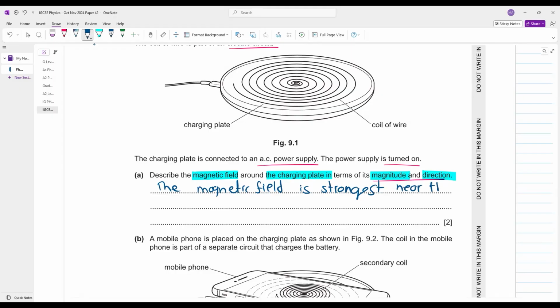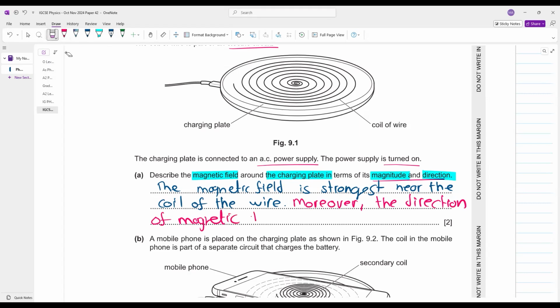And after this you can write moreover, the direction of the magnetic field changes.